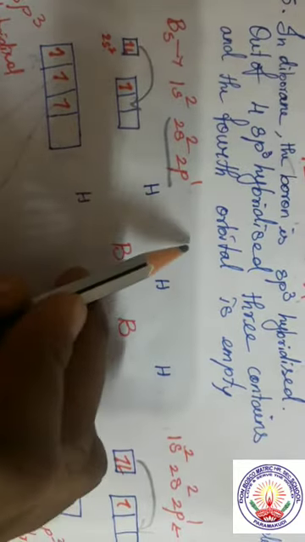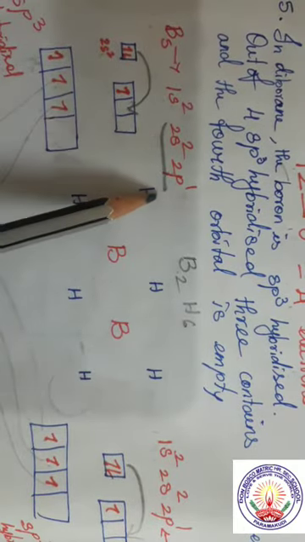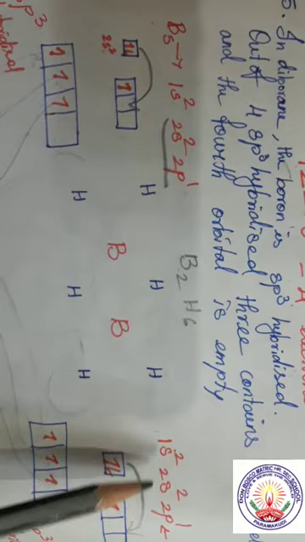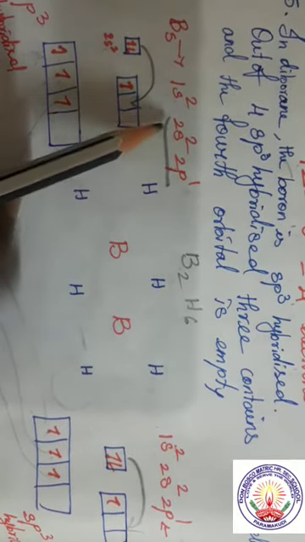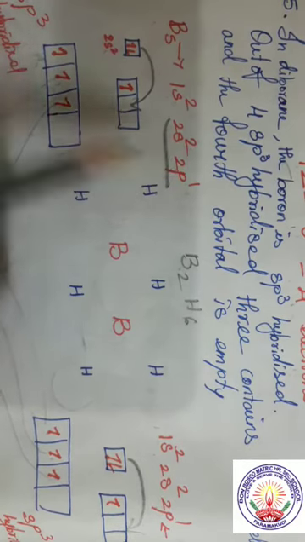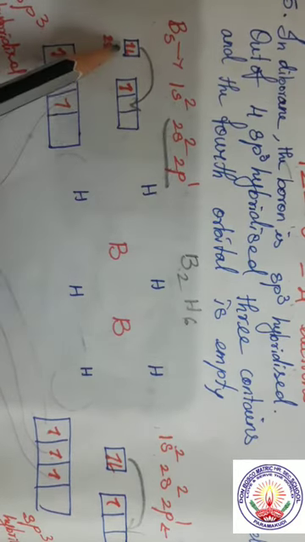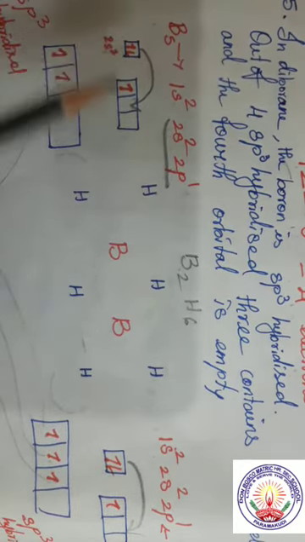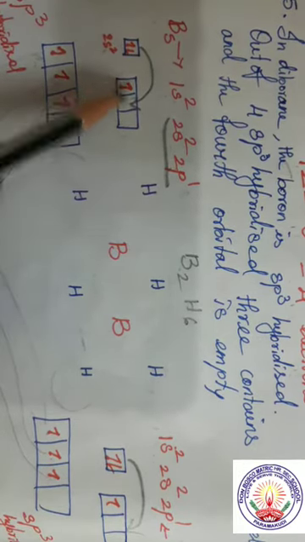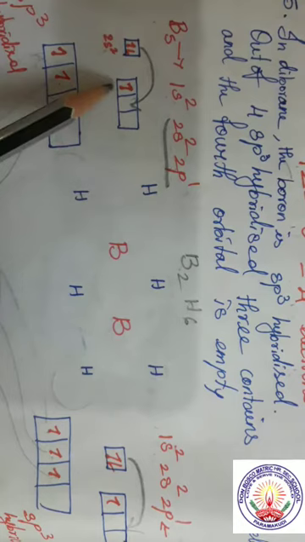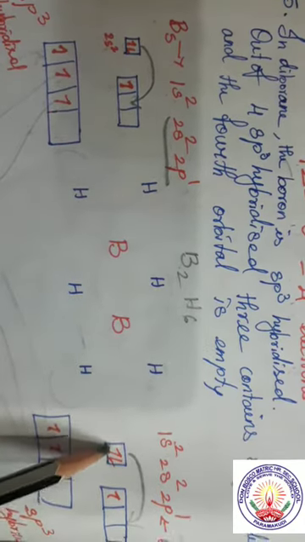One boron on this side, the other boron on this side. Its electronic configuration is 1s2, 2s2, 2p1, and the same on this side. So the valence electrons are 2s2, 2p1. The s orbital has 2 electrons. In p there are 3 orbitals, and they have 1 electron. The same way on this side too.